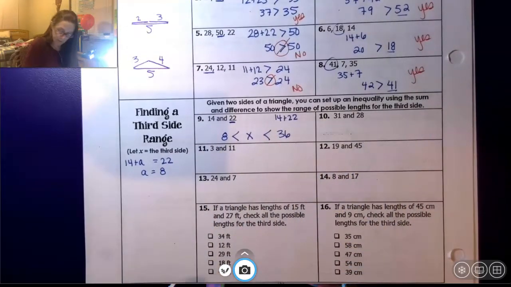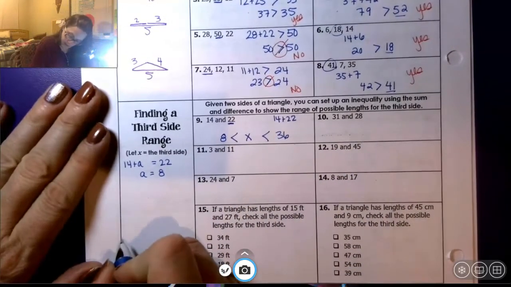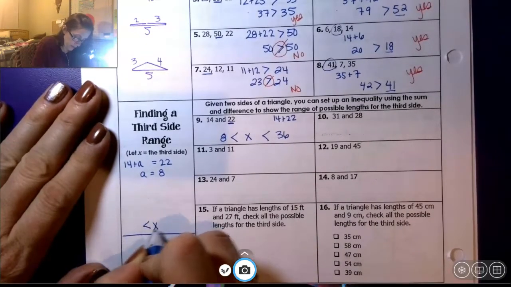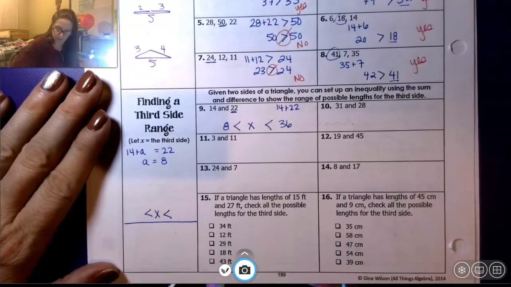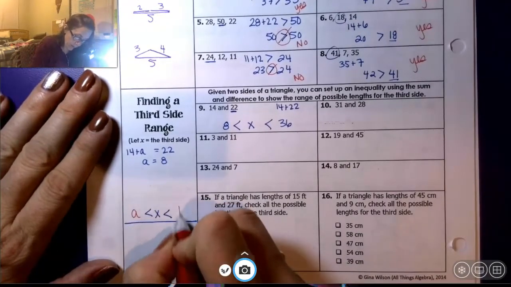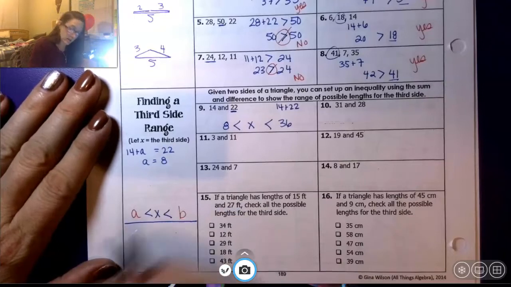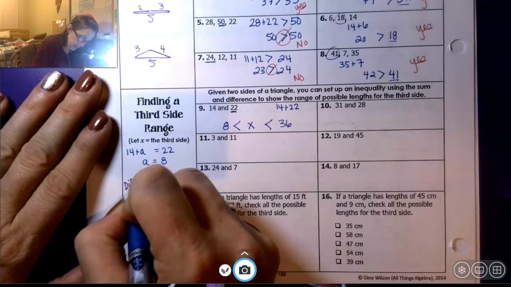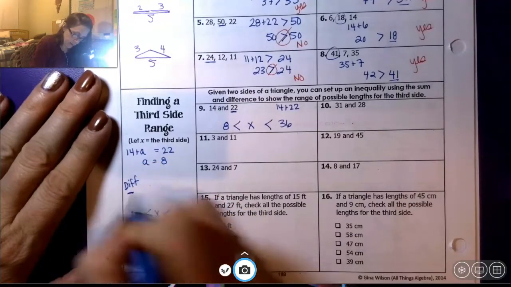So what happens over here, we want to find a range. We want x to be in the middle. Okay, so I want to figure out what my minimum number is and what my maximum number is. To find the minimum, we're going to do the difference of the two numbers.